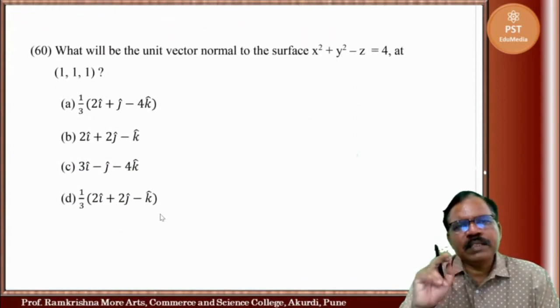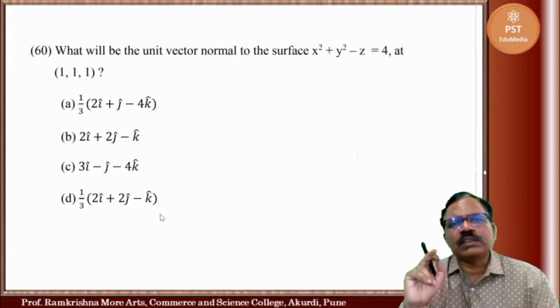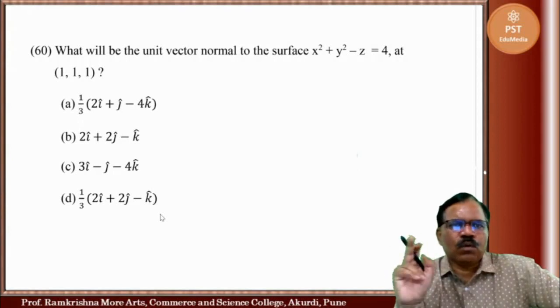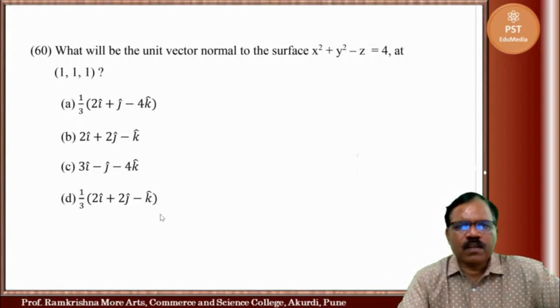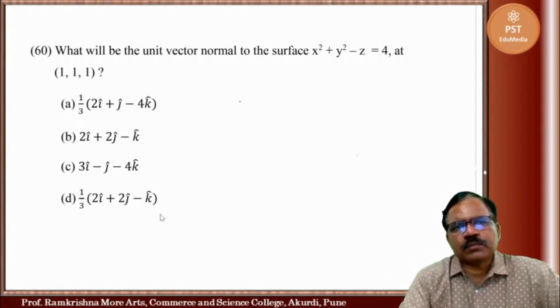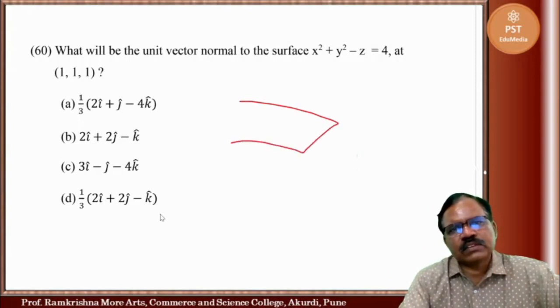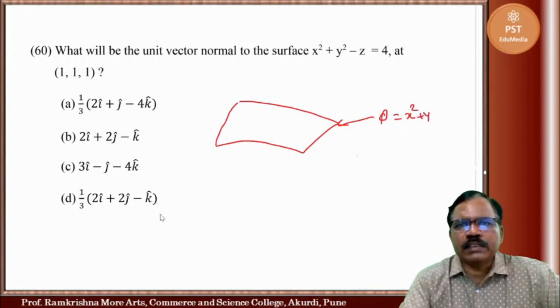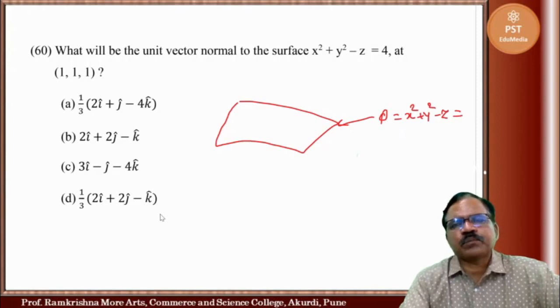Now what will be the unit vector normal to the surface x square plus y square minus z equal to 4 at 1 1 1? So here suppose this is the surface and phi is its equation. So what is the equation here? x square plus y square minus z equal to some constant 4.